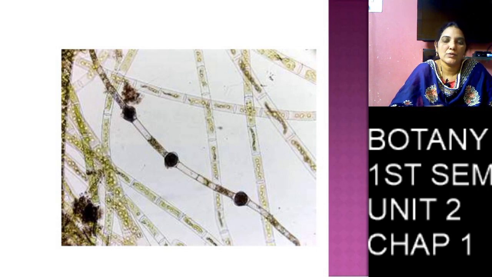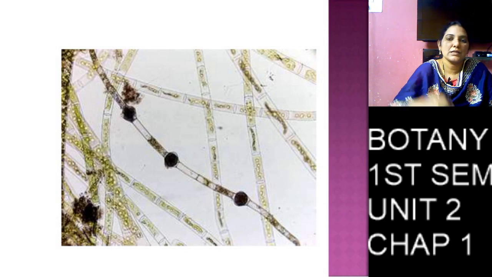Then the nucleus undergoes mitosis, and the mother nucleus divides into two nuclei. The upper thick ring-like structure stretches and increases in size, stretching into a cylindrical structure, and forms one new cell.